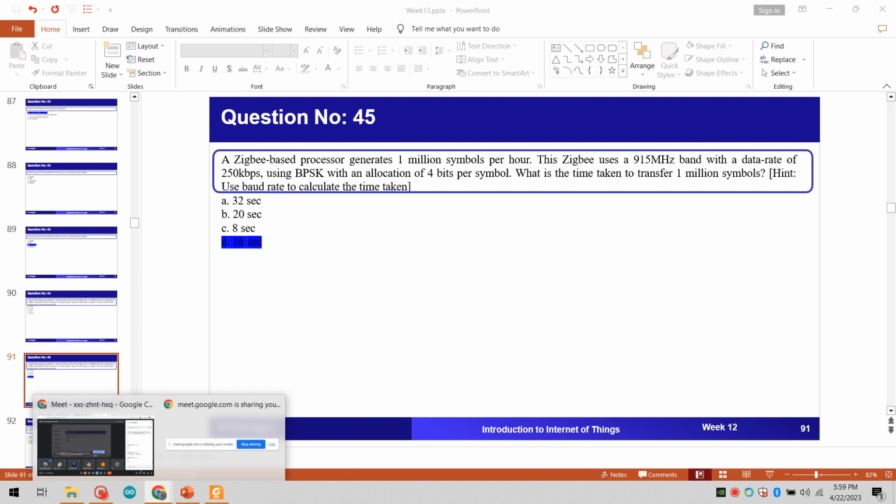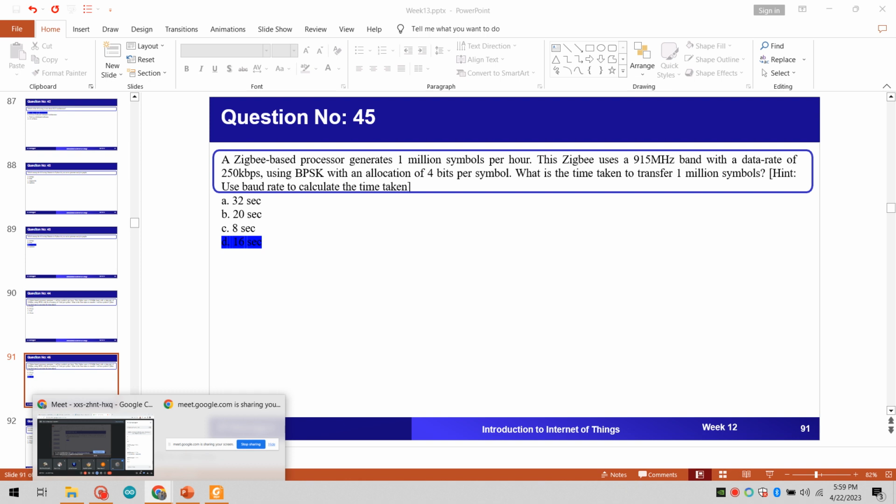If we are taking 1 second in order to send 250 kilobits of data, then to send 1 bit, how much time is required? We just have to take this 250k to the denominator of 1. Unitary method you have to use.